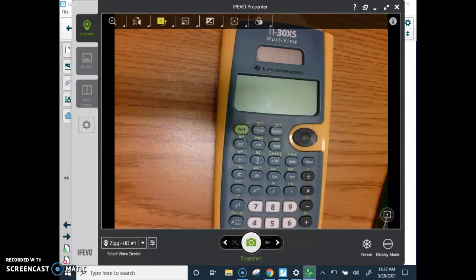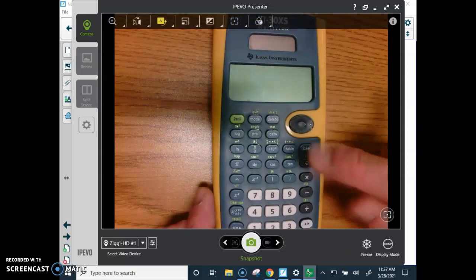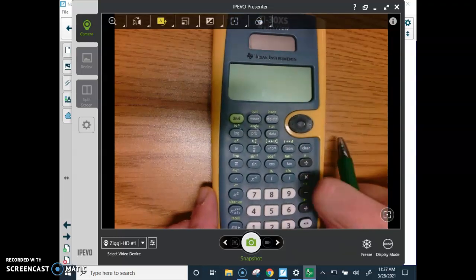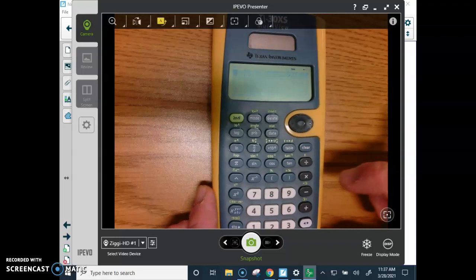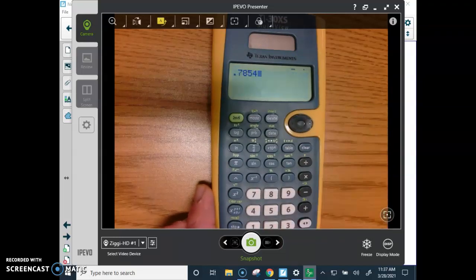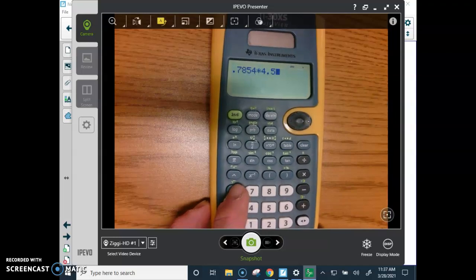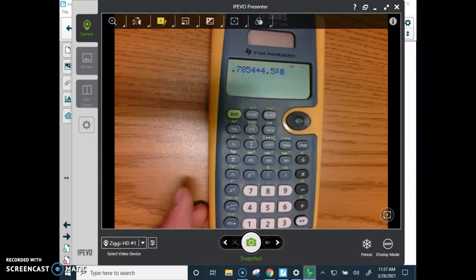Now, if we go to our calculator, again, make sure it's in classic mode. Turn it on. I'm going to clear everything out of there. We're going to take 0.7854 times 4.5 and hit your squared button over here on the left, and hit enter.